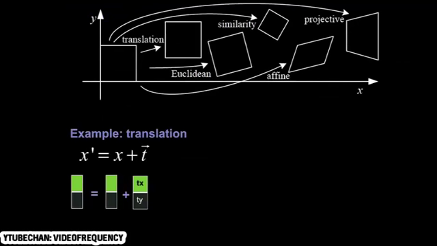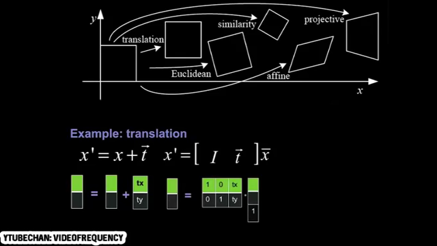So let's take the simplest example, which is translation. In this figure, the original X and Y is the green box. We take our X and we just add some translation vector to it. An easy way to describe this is using homogeneous coordinates, where we write X, Y, and add a 1 to the end. Then we can have a transformation matrix made up of an identity plus the translation vector.